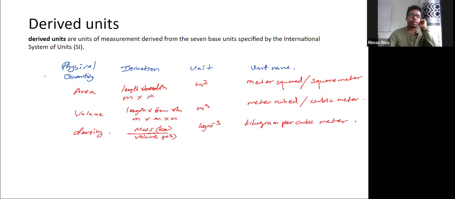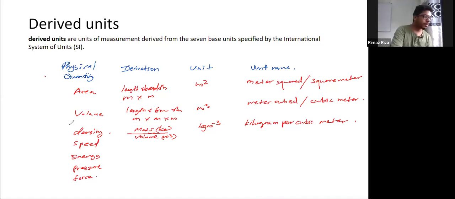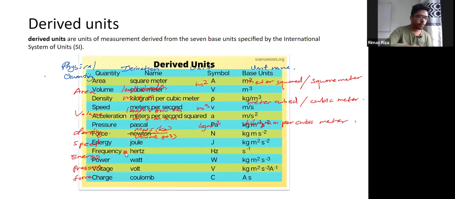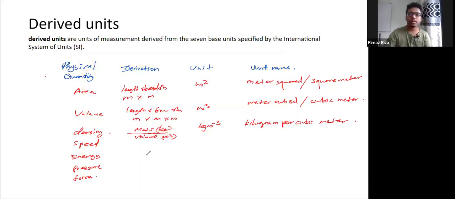So likewise, you have to write these: speed, energy, pressure, force, right? And what else do we have? Frequency, power. So I write down the list. So you have to complete this table later.